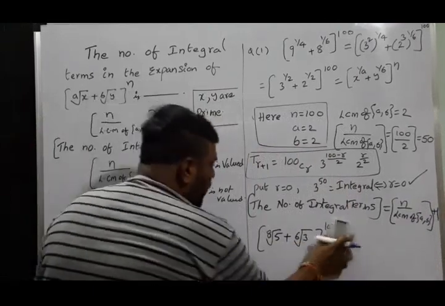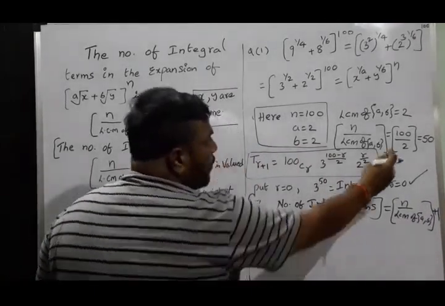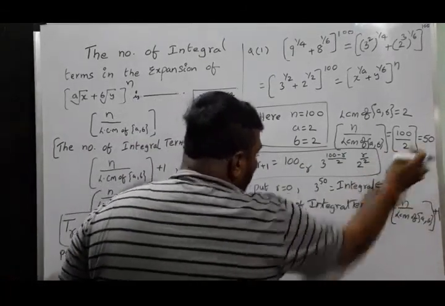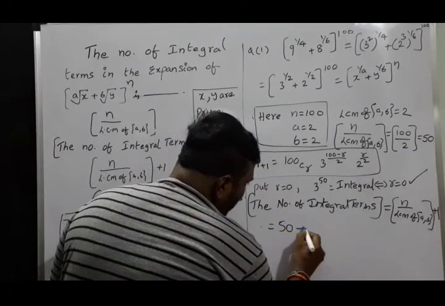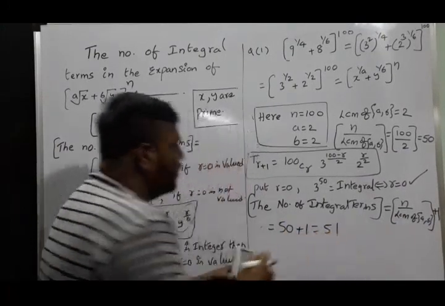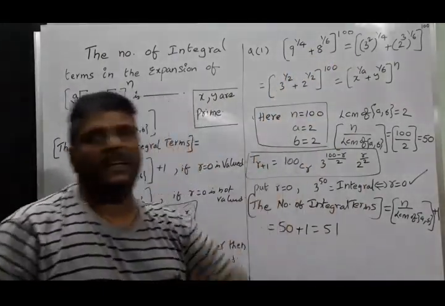So that is equal to, this value is nothing but 50 plus 1, 51. So the number of integral terms in this expansion is 51.